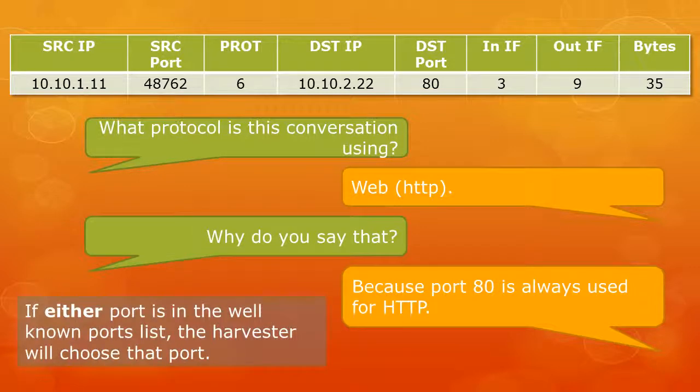If either the source or the destination port is in a well-known ports list, maintained on the NFA Master Console, which also includes every port below 1024, then the harvester will classify that conversation with that port number that's in the well-known ports list. In this case, the conversation is correctly classified as HTTP, or TCP/80.